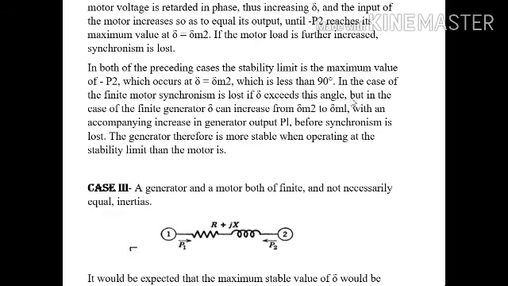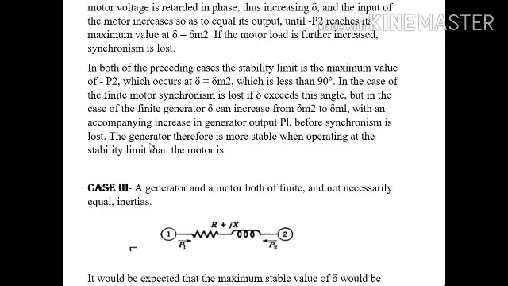So what we are saying is, in the case of a finite motor, synchronism is lost if delta exceeds this angle, but in the case of a finite generator, delta can increase from delta M2 to delta M1 with an accompanying increase in generator output P1 before synchronism is lost. The generator therefore is more stable when operating at the stability limit than the motor is.